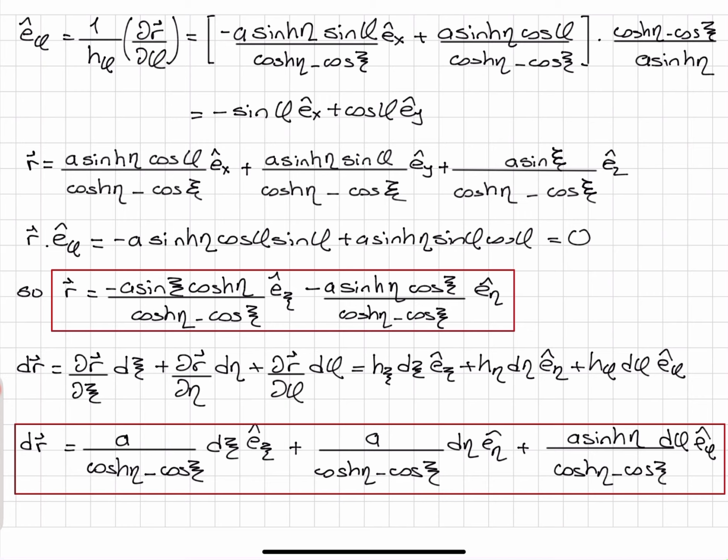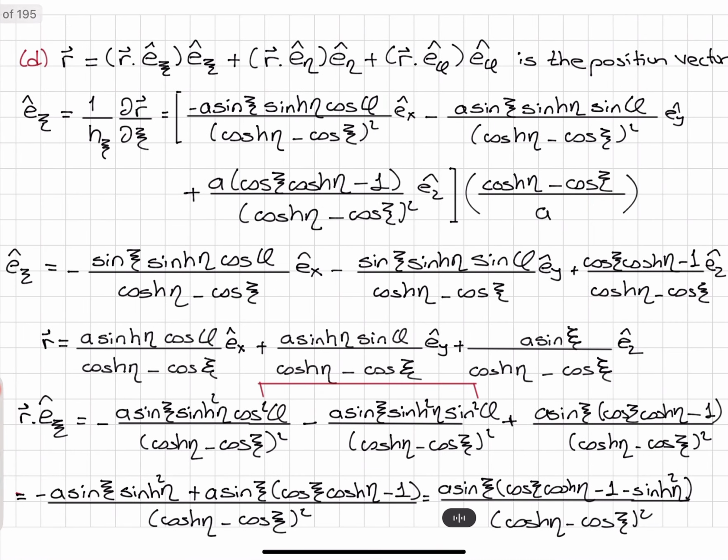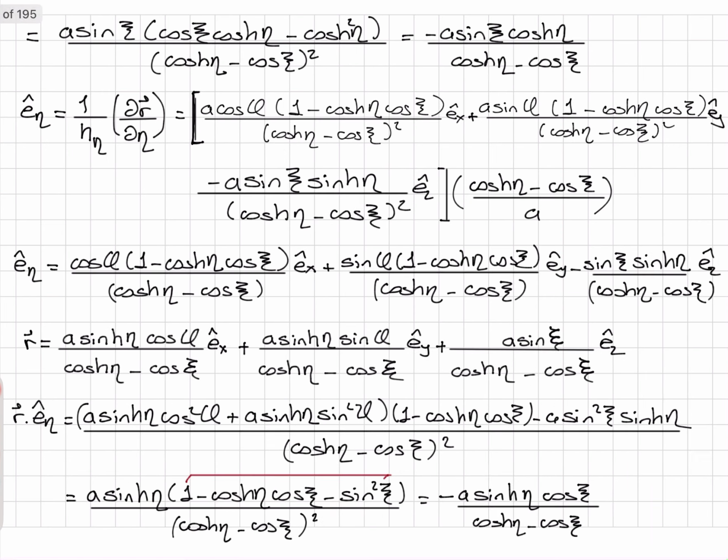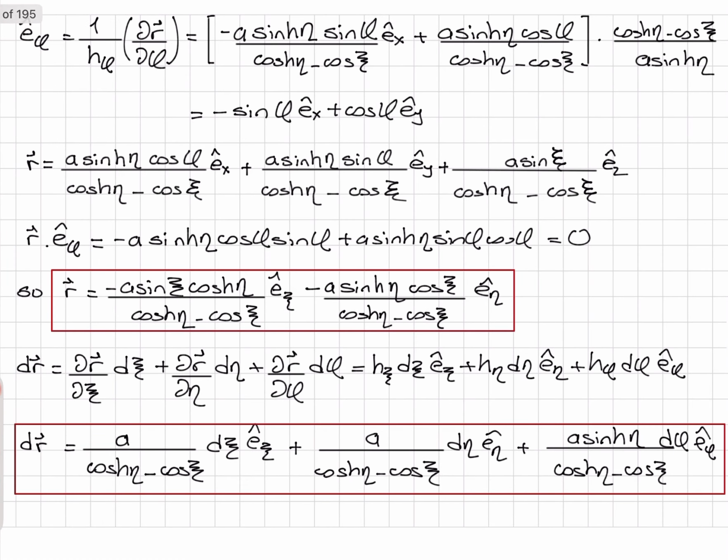Okay, so in order to write the position vector in the new coordinate system using the new unit vectors, first of all we have to find what the new unit vectors are, which is calculated by taking a derivative of the position vector with respect to that coordinate and multiplying it by 1 over h psi, because h psi is the magnitude of this, so we obtain a unit vector pointing in this direction. I have performed this calculation for psi, eta, and phi.